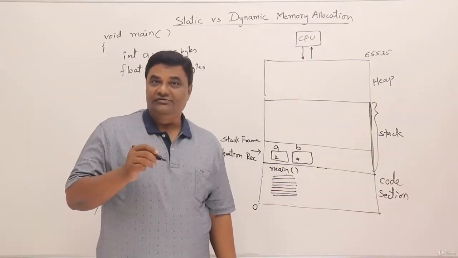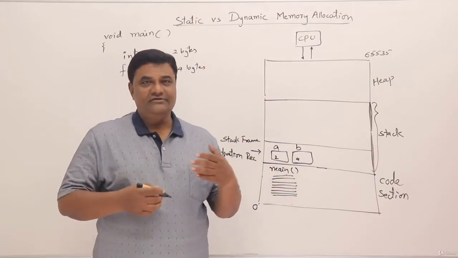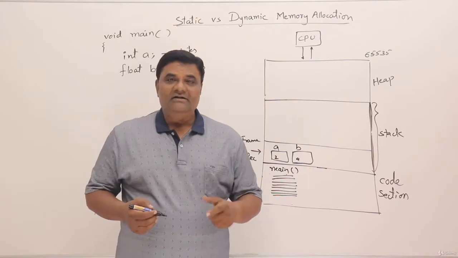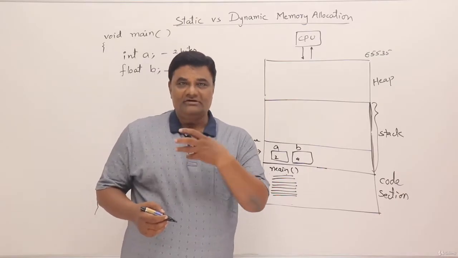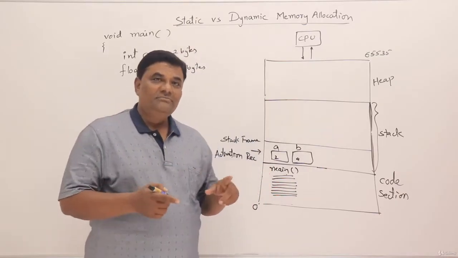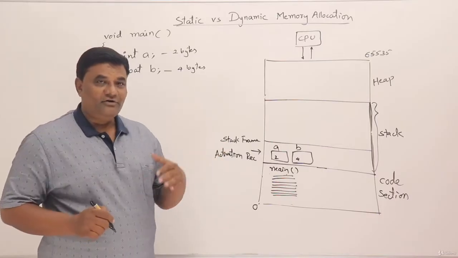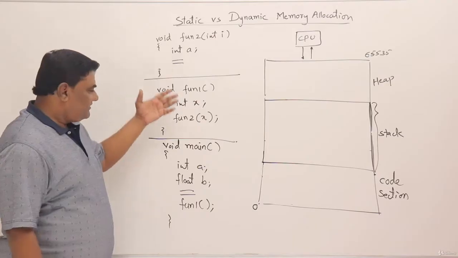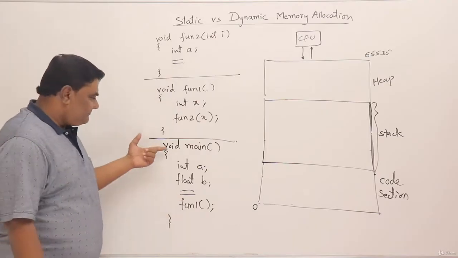Now the next thing we should know is how the memory is allocated inside the stack if there is a sequence of function calls. I'll write a small sample piece of code, then show you how memory is allocated inside the stack. This is a main function.